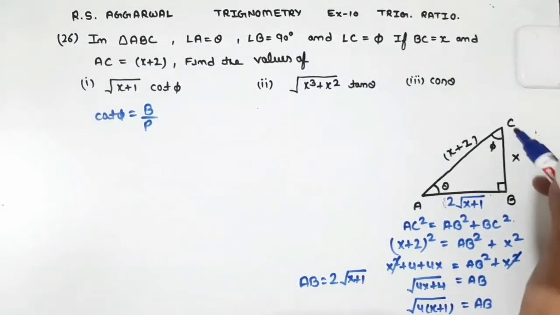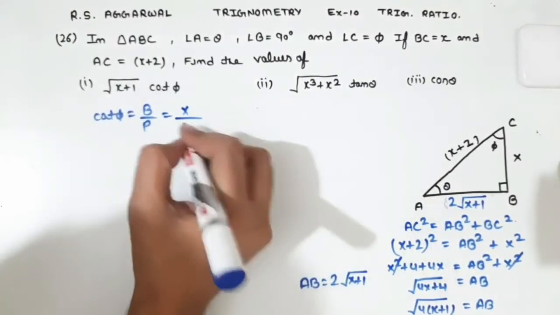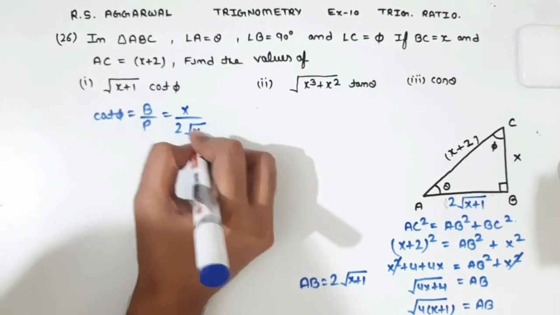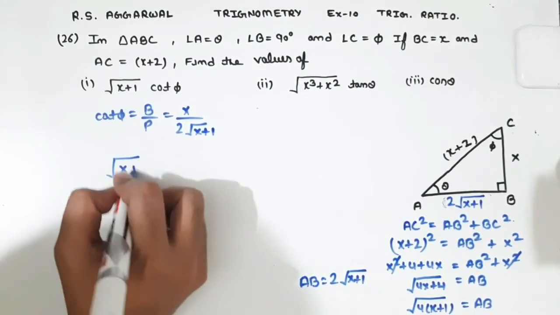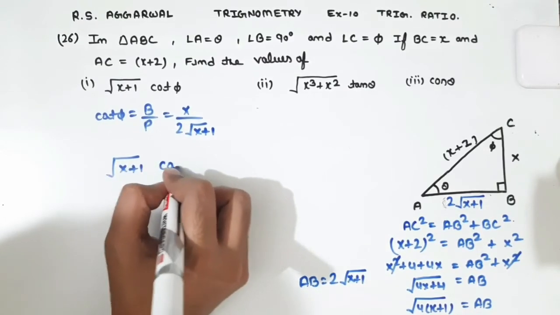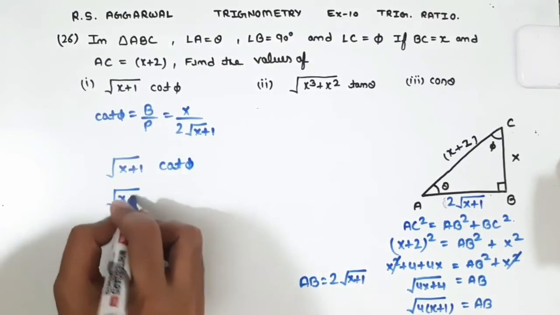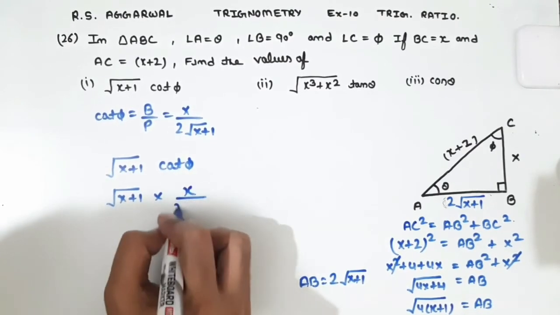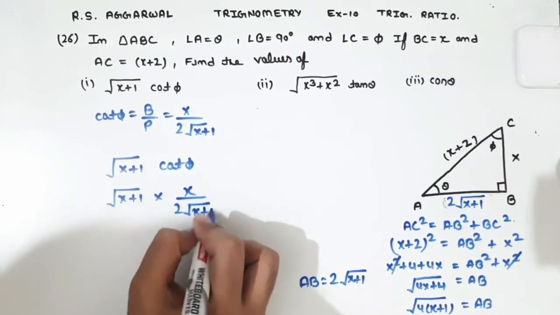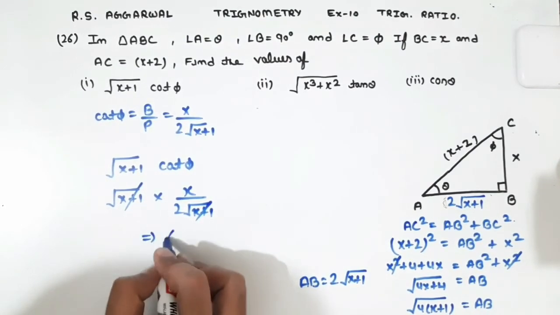So with respect to phi, base is x and perpendicular is 2 under root x plus 1. Now putting value here, under root x plus 1 cot phi. Putting the value of cot phi here, under root x plus 1 into x upon 2 under root x plus 1. Under root x plus 1 will be cancelled out. So this will be equals to x upon 2.